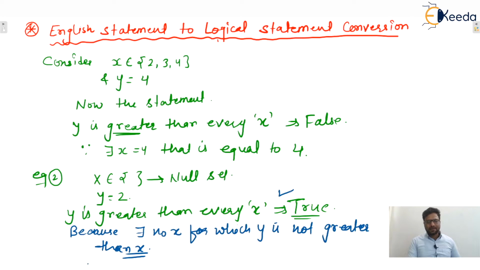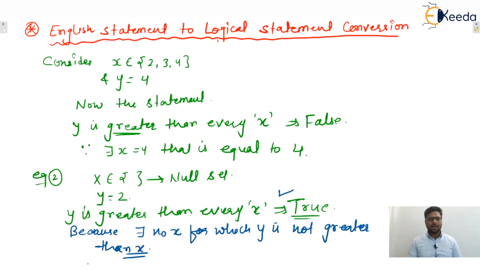So if the domain is empty and we are comparing for every element, then the statement will be true only. For example, say there is a class in which no girl is there, and every student is a boy.